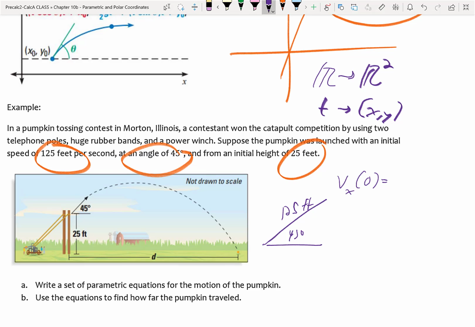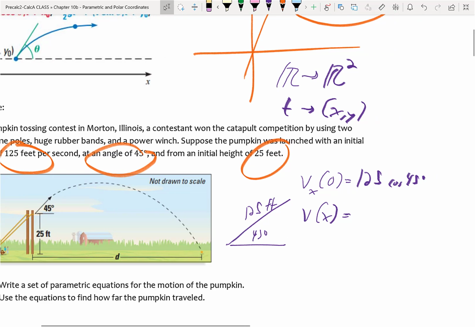How would I find that given this? Good, 125 cosine of 45 degrees. The velocity function in terms of x would then be that initial velocity. 125 cosine 45 would just be 125 over root 2.